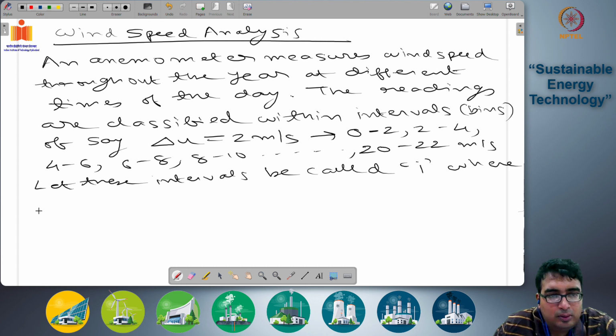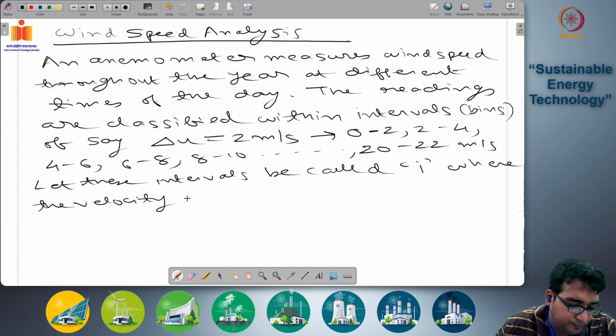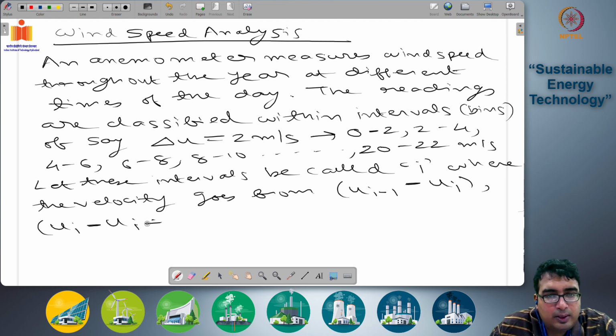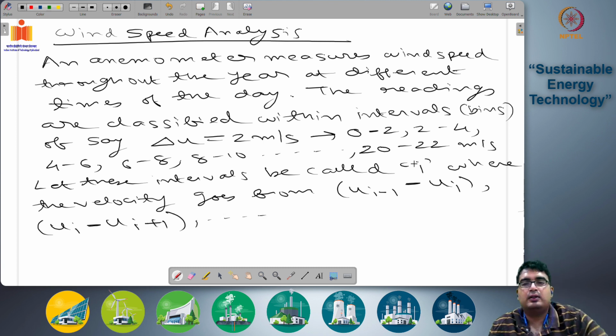Where the velocity goes from u(i-1) to ui, then the next interval is ui to u(i+1), etc. So for example, the second velocity interval corresponds to u1 to u2, then u2 to u3, etc., where u1 will be velocity 2, u2 is velocity 4, u3 is velocity 6. Okay.